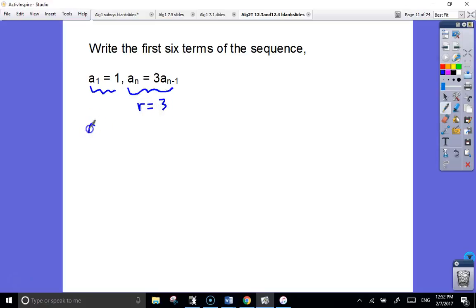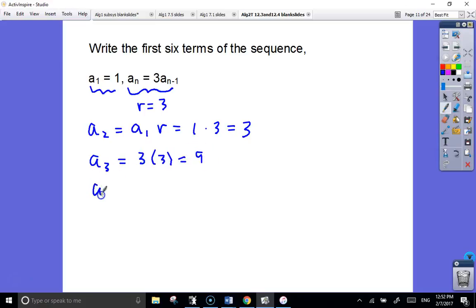So the a2 will be a1 times r, which is 1 times 3, which is 3. What will a3 be? Right, it'll be 3 times 3.